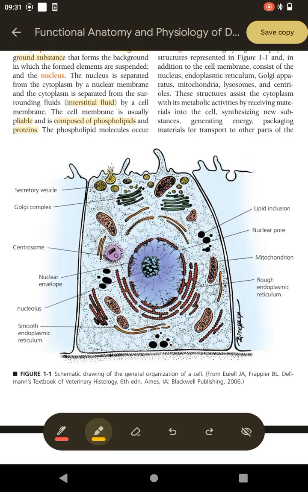See, in the center, the nuclear envelope which separates the cytoplasm, the nucleolus which is found in the nucleus, smooth endoplasmic reticulum, rough endoplasmic reticulum, mitochondrion, nuclear pore, lipid inclusion, secretory vesicle, Golgi complex, centrosome. All these structures are found in the cell. So we will study them one by one.